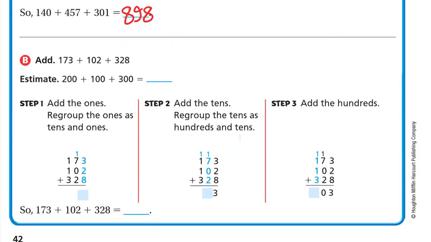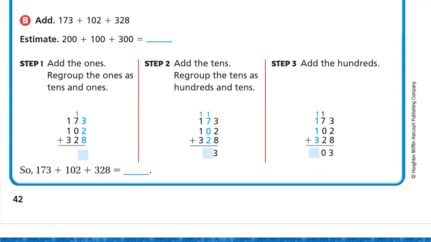Okay, we have 3 more numbers. Add 173, 102, 328. Okay, as we can see here that he used rounding, and he rounded to the nearest 100. So to the right of the 1 we have 7. It's strong, so the 100 becomes 200.